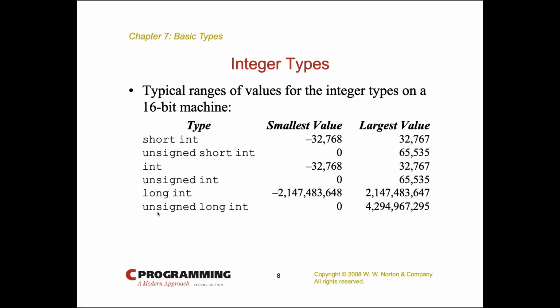The range of the size of long int is almost the same because of the negative values. The ranges are almost the same, but this is the bigger one, right?